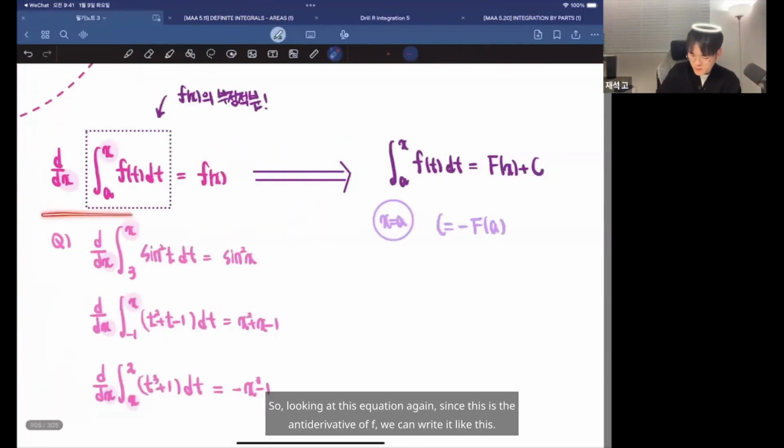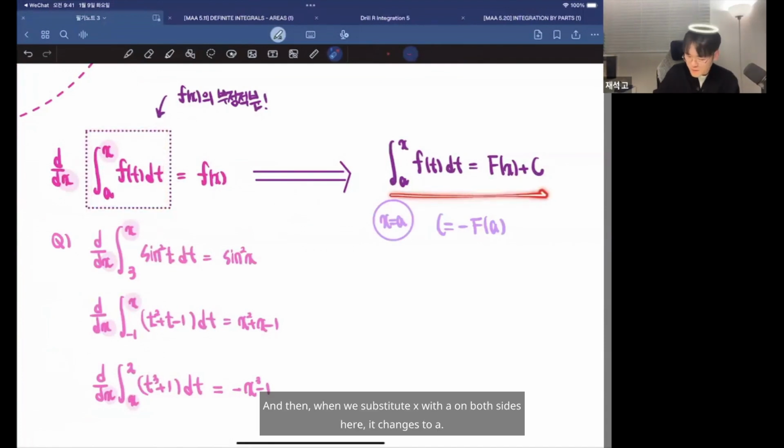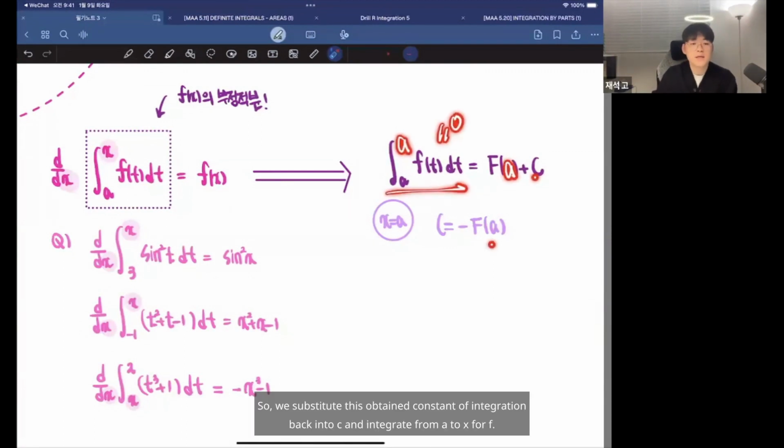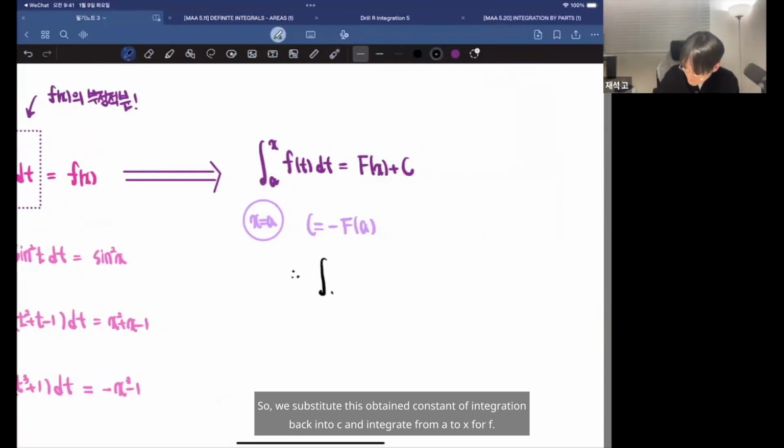So, looking at this equation again, since this is the antiderivative of f, we can write it like this. And when we substitute x with a on both sides, it changes to a. This value is initially 0, and c becomes F(a). So we substitute this obtained constant of integration back into c and integrate from a to x for f.